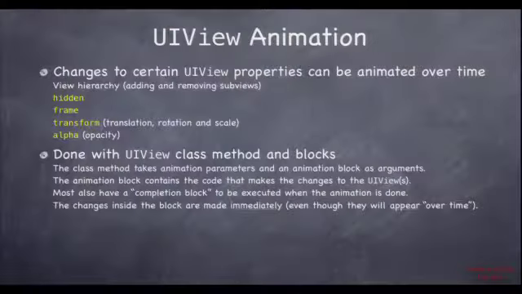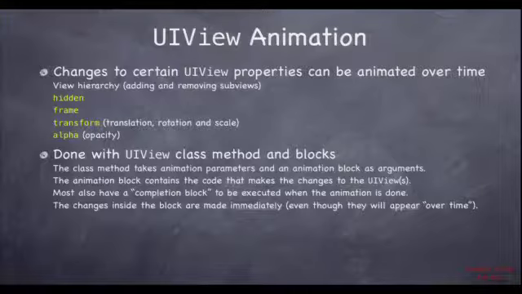How is this all done? This is done with a UIView class method and blocks. Okay, UIView class method, not an instance method on view, a class method. And so the way this works is this class method takes a block, and inside that block you can change the parameters of any views you want.